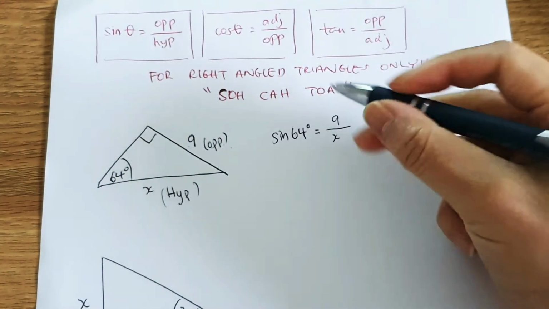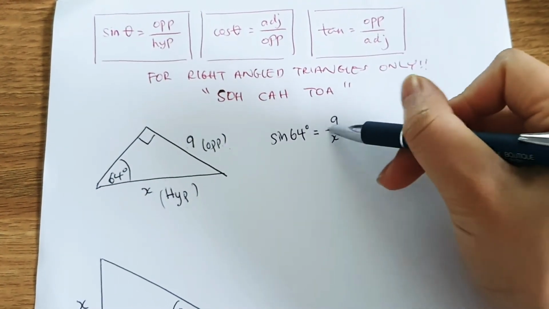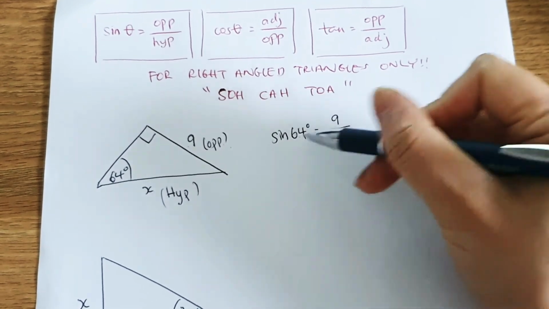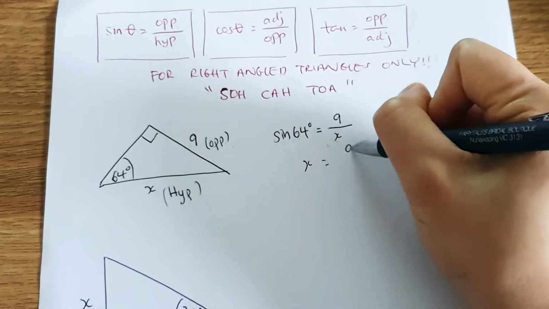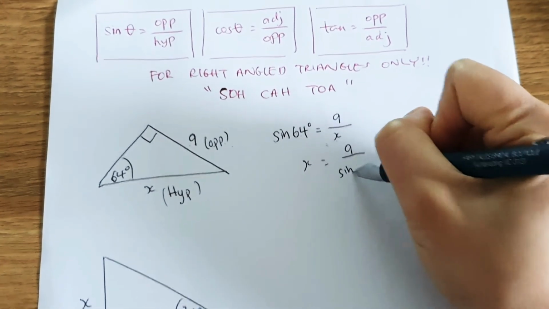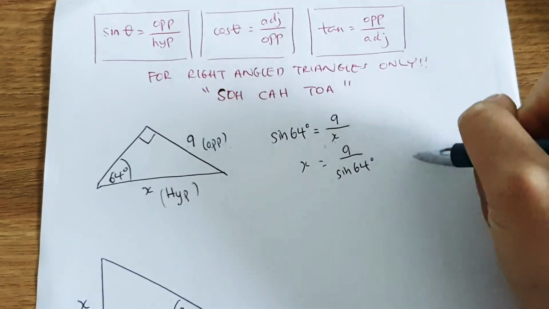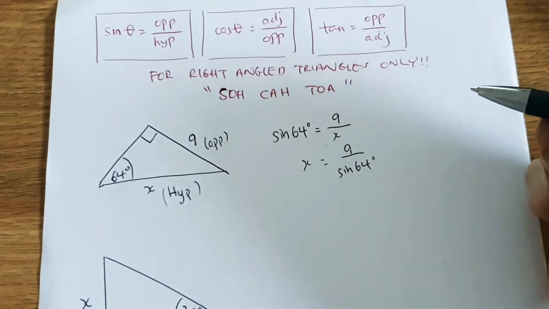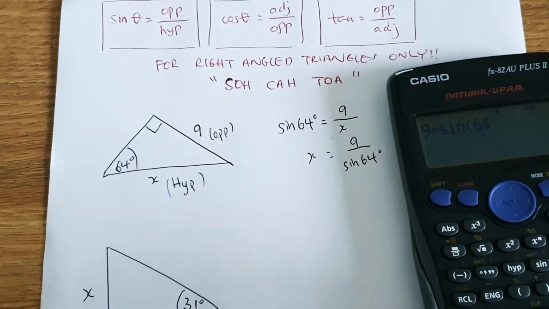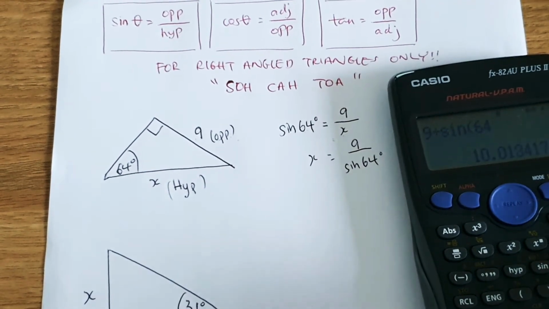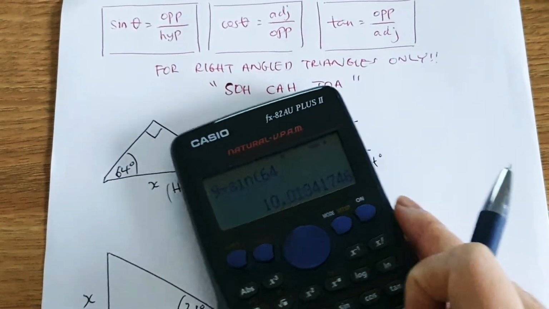And then all you basically do is, if the unknown is the denominator, you can switch places with sine 64. So x is equal to 9 over sine 64, and all you simply do is type that into the calculator and you'll get your answer. So 9 over sine 64 gives us a value of 10.01.